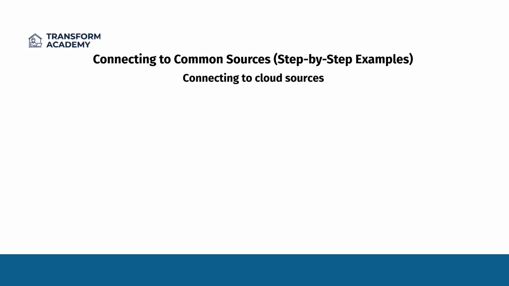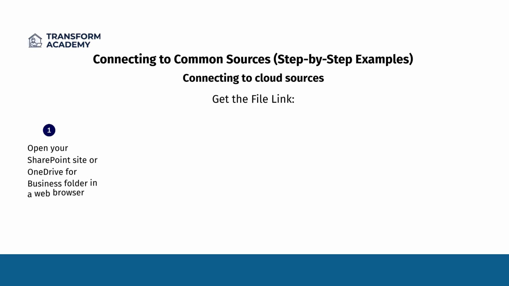Connecting to cloud sources, Excel on SharePoint or OneDrive via Web connector. These methods use the file's web URL. Firstly, get the file link. Open your SharePoint site or OneDrive for Business folder in the web browser.